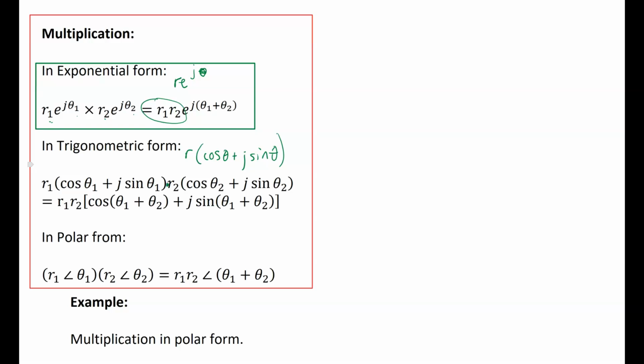But notice the same thing. R1 and R2 are multiplied together. Keep the form of the complex number, cosine theta plus j sine theta, and we are adding theta 1 and theta 2. In polar form, which is r angle theta, two of them being multiplied together, we do the exact same thing. Multiply the r's, add the angles. And you can see, once you start to practice that, you will see just how much more convenient that is.